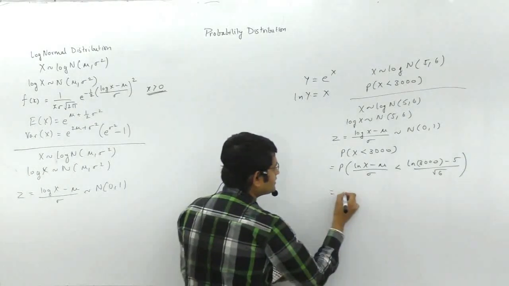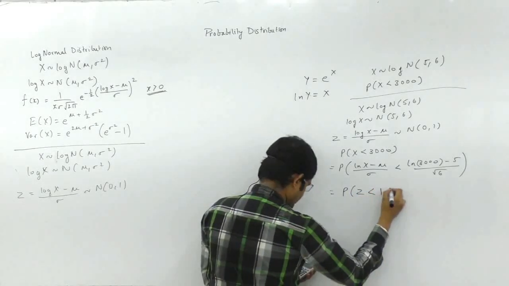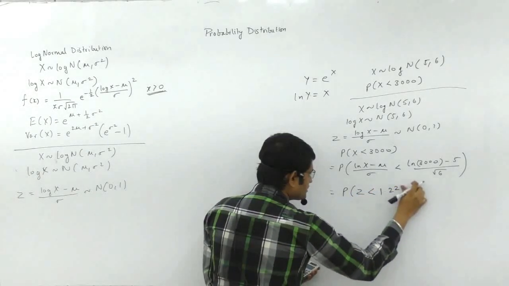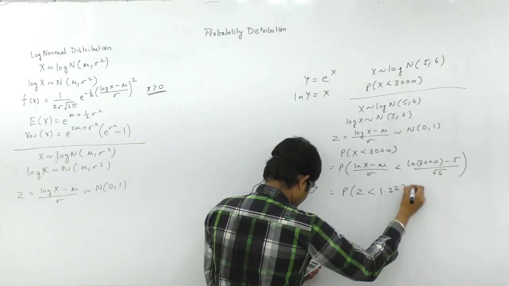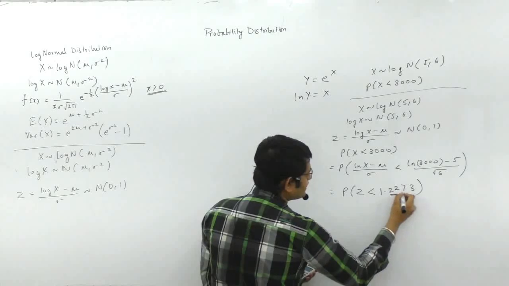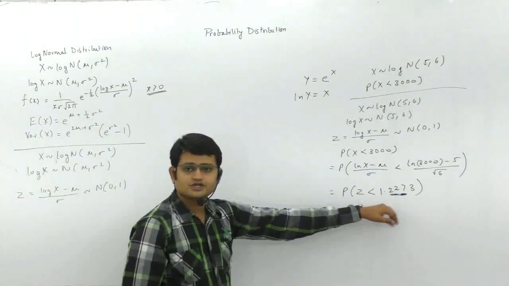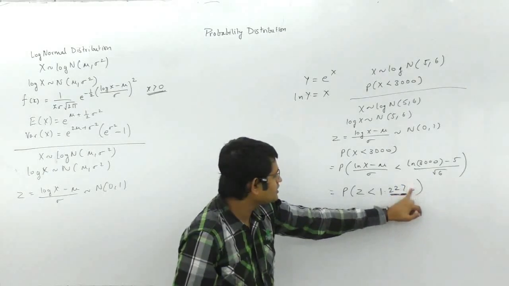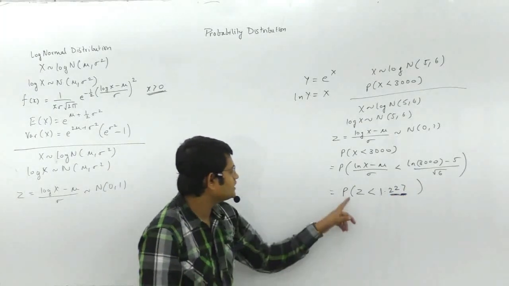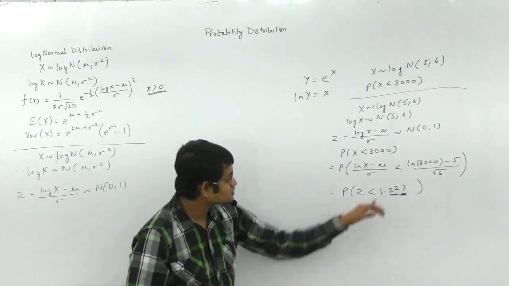So we get probability z less than 1.2273. Now again, I need only 2 decimal points. I'll take 3 for a better approximation. Fourth is not needed. So I need to find probability z less than 1.227.